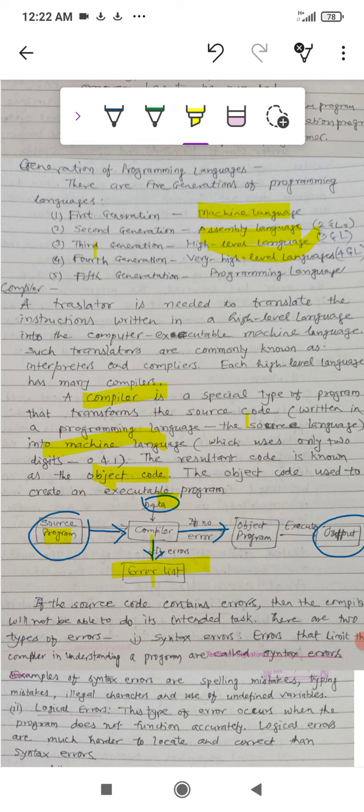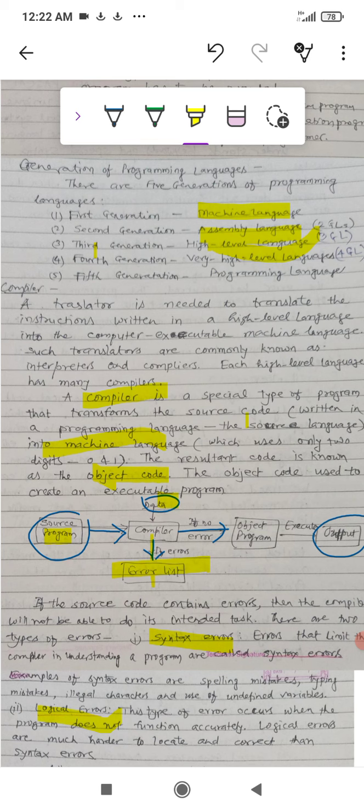There are two types of errors. First is syntax error, like spelling mistakes, typing mistakes, illegal characters, and the second one is logical error.